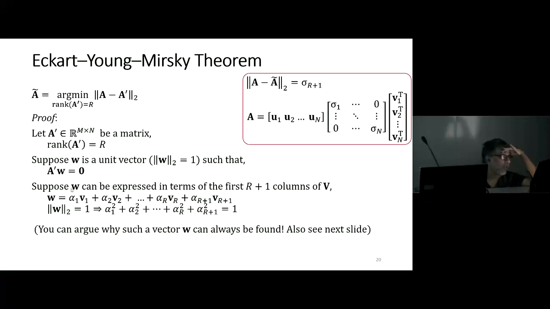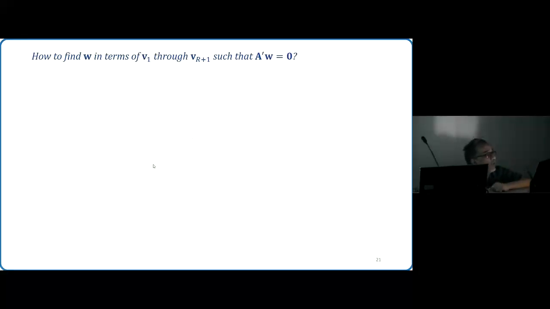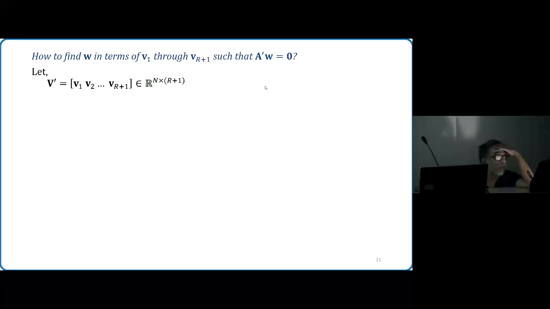You can argue this, but I have provided one explanation. So how to find a W in terms of V1 through VR plus 1 such that A prime W equals 0? W is expressed in terms of R plus 1 independent vectors, and A prime is of rank R, with A prime W equals 0.